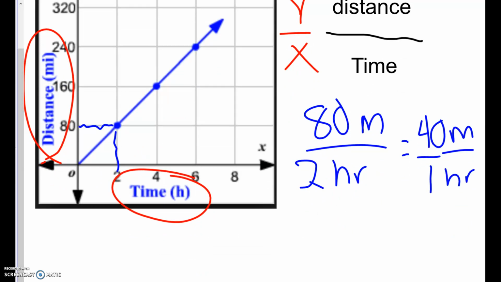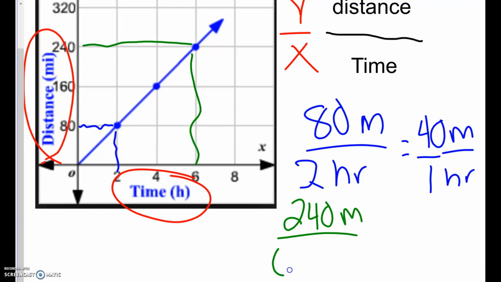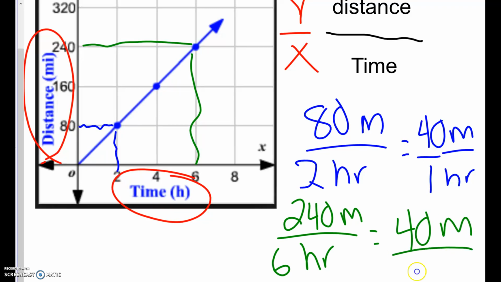Constant means that my rate of change is going to be the same no matter which point I choose to use. So let's do 240. 240 miles in 6 hours is once again 40 miles per 1 hour. So that graph is constant.